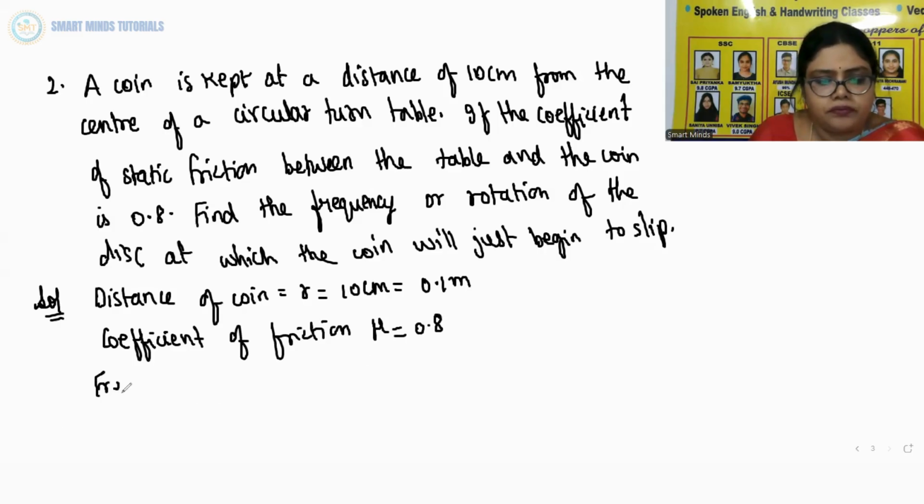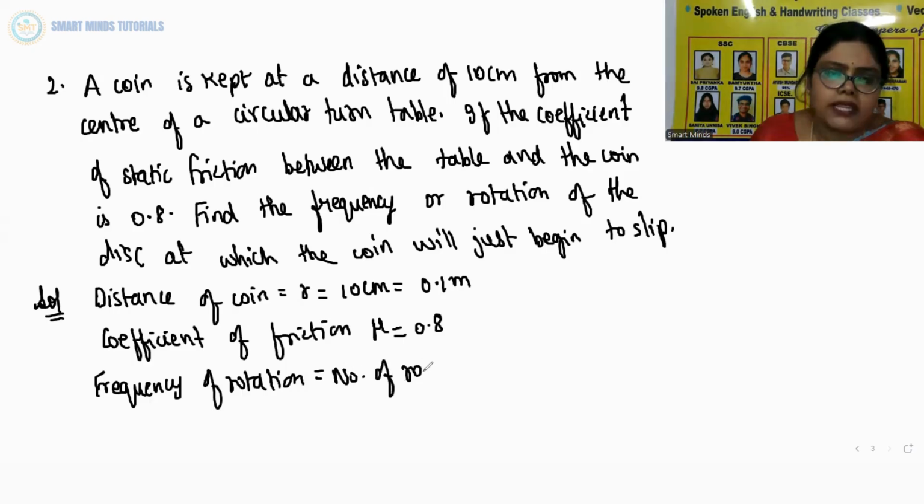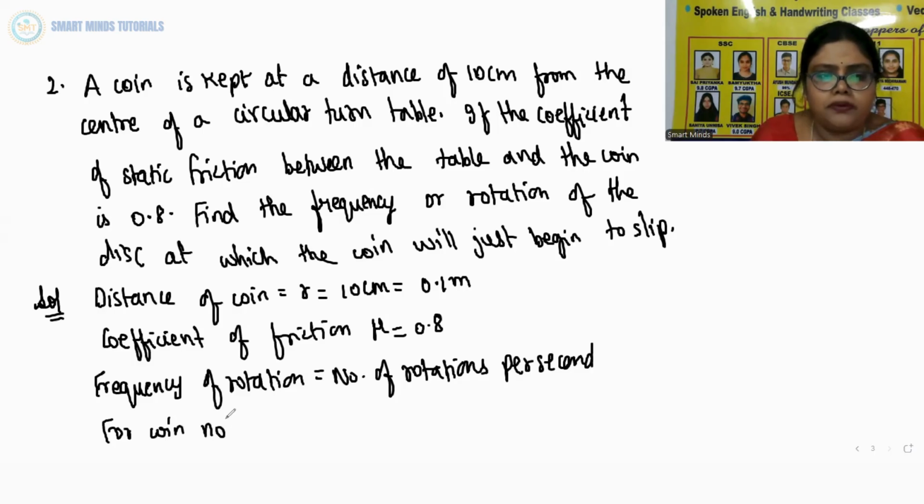And what is frequency of rotation? Frequency of rotation means number of rotations per second. So we have a condition for coin not to slip, that is mu mg equals mr omega square.